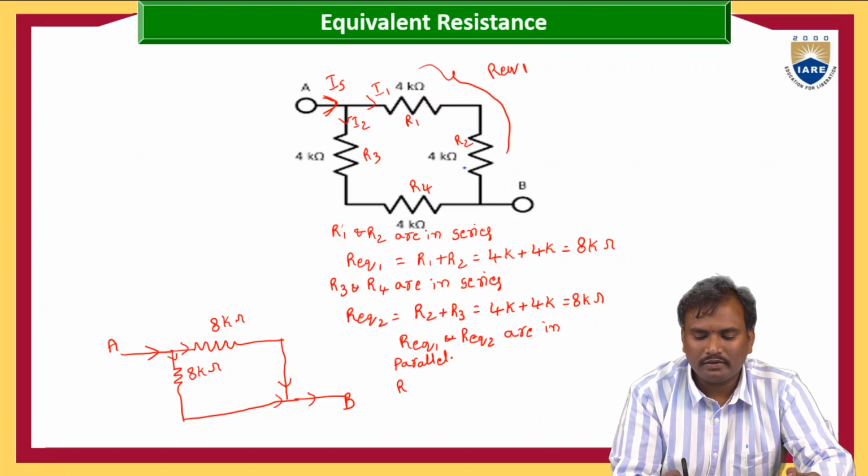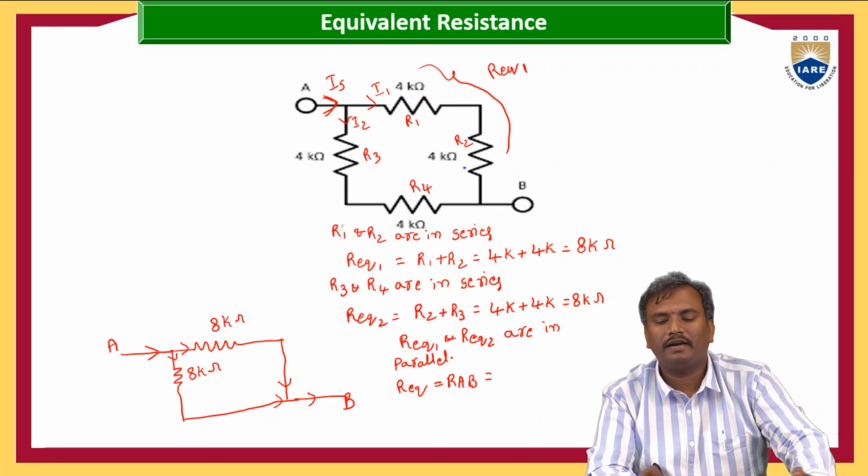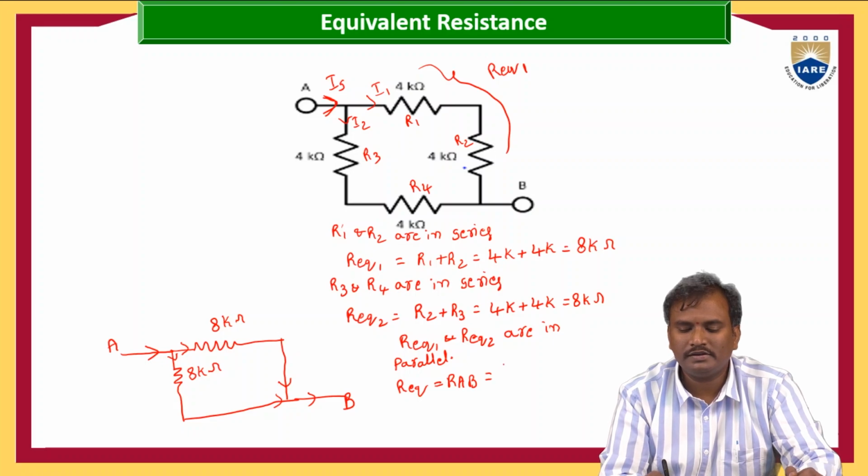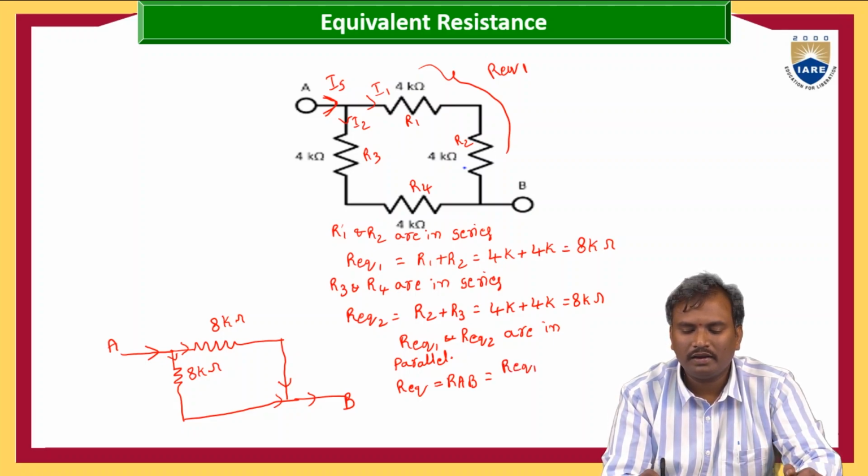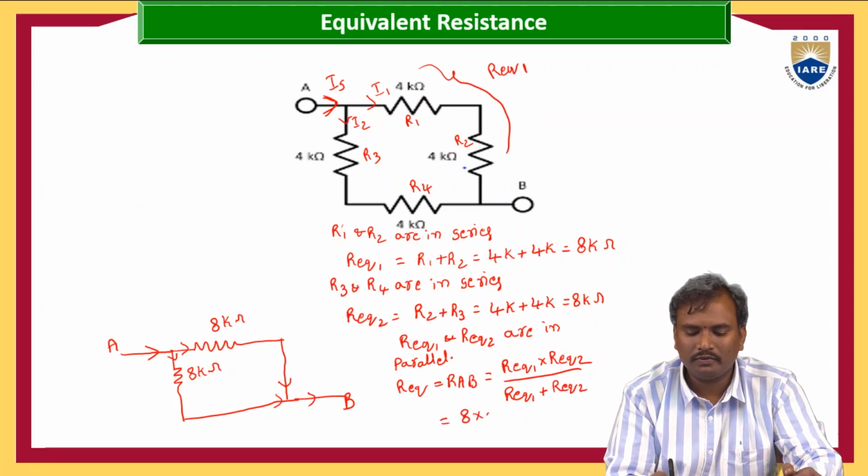So final R equivalent or RAB is equals to, when the resistors are connected in parallel, the formula is R1 R2 by R1 plus R2. R equivalent 1 into R equivalent 2 by R equivalent 1 plus R equivalent 2, which is equals to 8 into 8 by 8 plus 8.